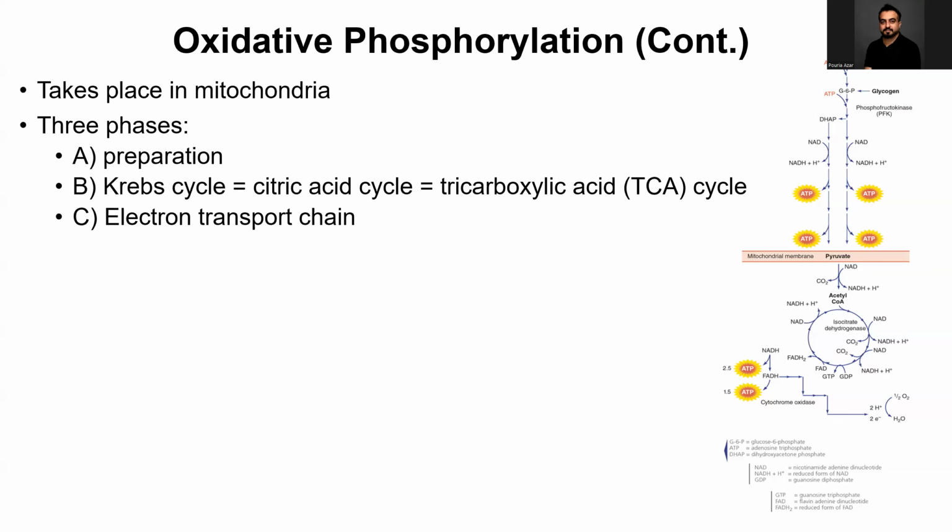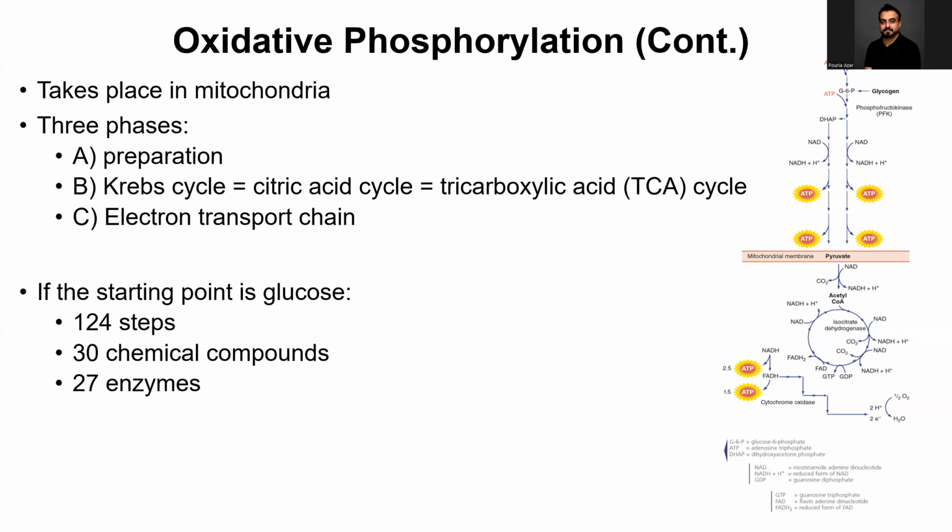And the third phase is the electron transport chain, which takes place again inside the mitochondria. And we talked about that. We will talk about it later. So there are three main phases for oxidative phosphorylation. If the starting point is glucose, as we see from the figure on the right side, the entire oxidative phosphorylation, from the preparation, Krebs cycle, and electron transport chain, we get 124 steps.